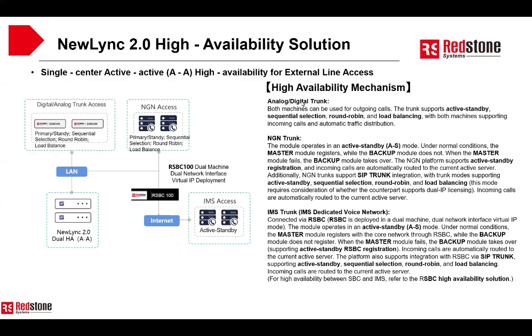Everyone knows how it works. The public-facing side of the SBC, which connects to NewLync, supports virtual IP high availability, and the private network-facing side of the SBC uses dual network redundancy to ensure uninterrupted connectivity to the IMS core.